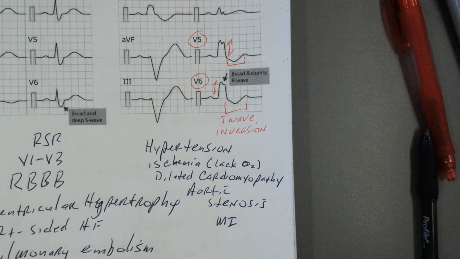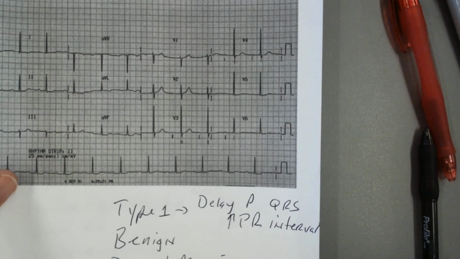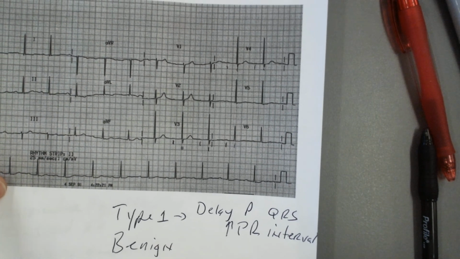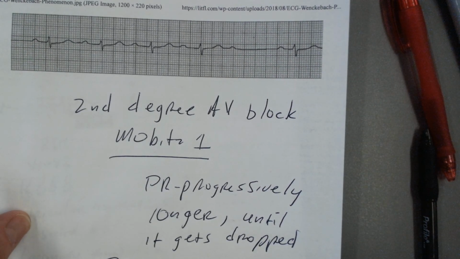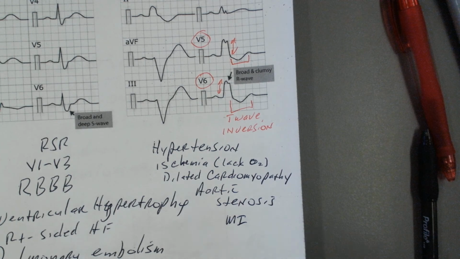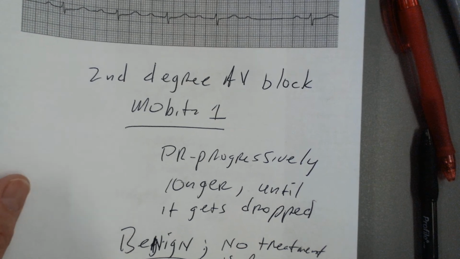Okay, so a quick review. Your AV node block is divided into 3 major subtypes. You have your first degree AV block that is simply a delay. You have a prolonged PR interval. You then have a second degree block that has 2 types, Mobitz 1, and then Mobitz 2.